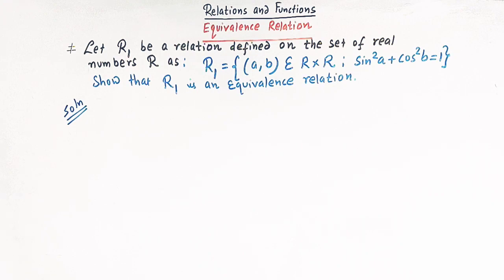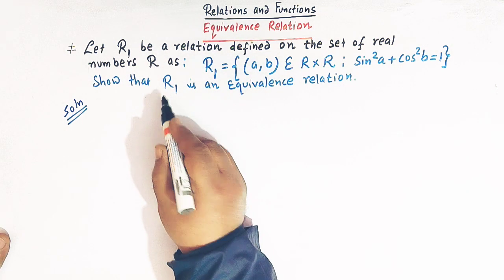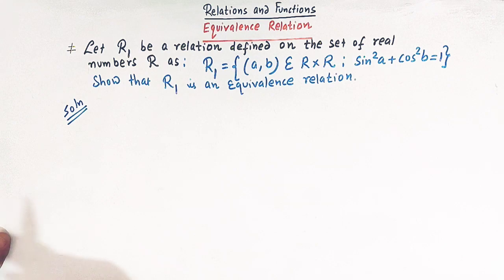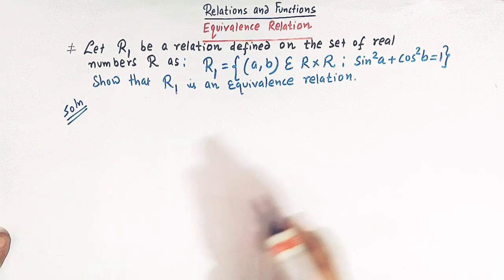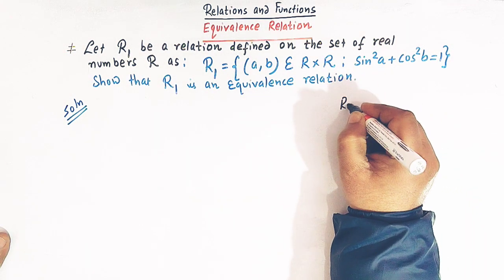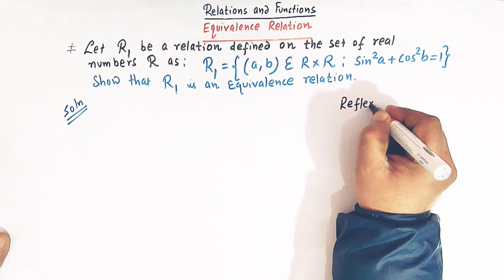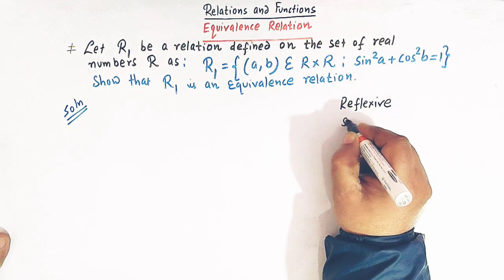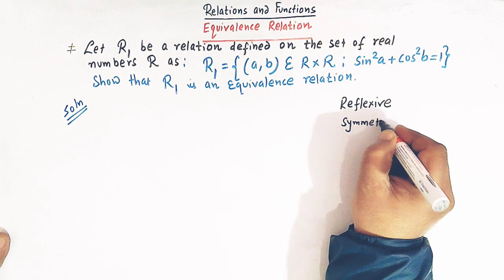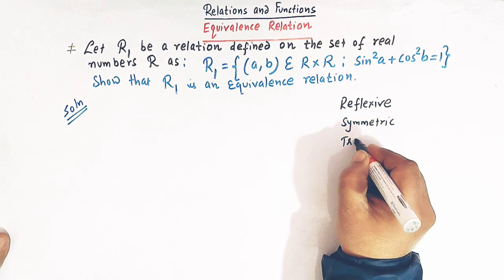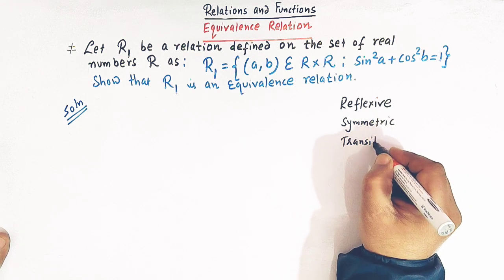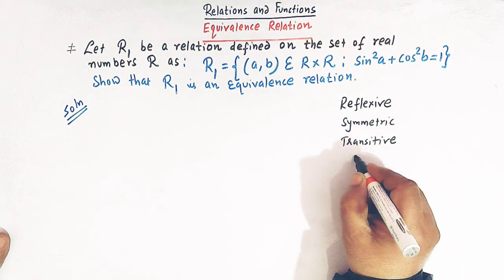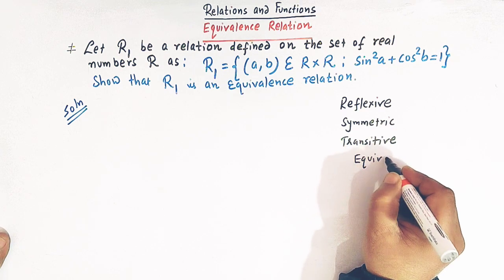So let us start. Viewers, here we have to show that this relation R1 is reflexive, symmetric and transitive, right? Because we know that if a relation is reflexive, symmetric and transitive, then the relation is said to be an equivalence relation, right?